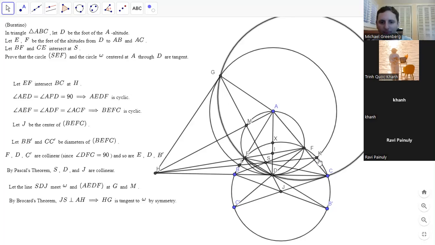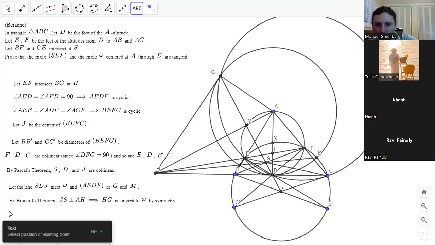But we have to prove that S lies on the radical axis of those two. Yeah, S lies on the radical axis, we could just use the radical axis theorem on this circle and this circle.